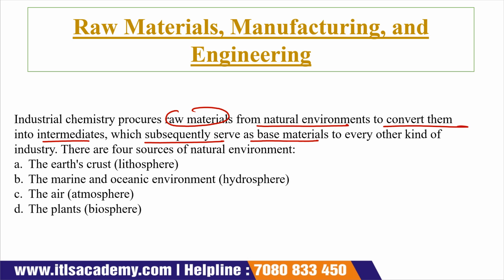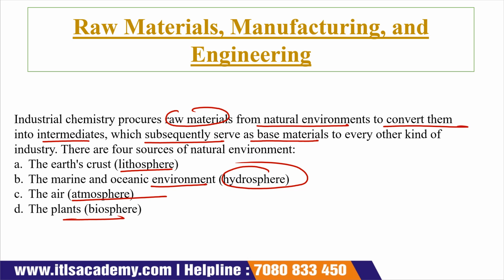Okay, now they have four natural sources for their raw material. First one is the earth crust, that is your lithosphere. Marine and ocean environment, that is your hydrosphere. Air, that is your atmosphere, and plants from the biosphere.